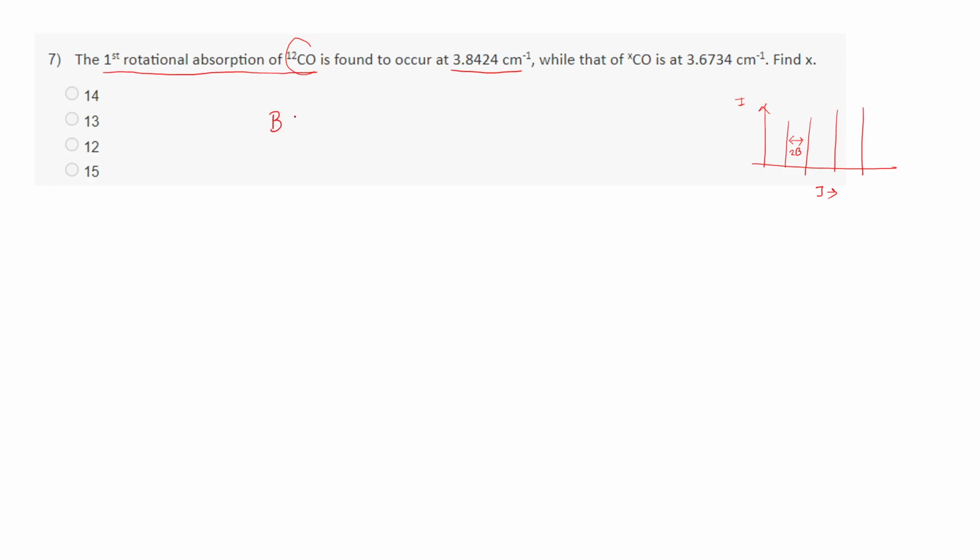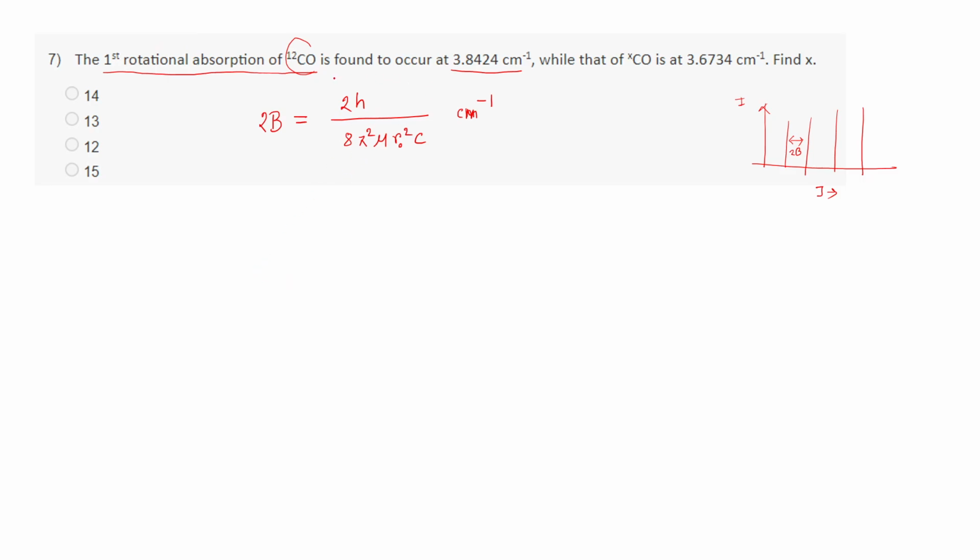So let us write these things. You don't have to mark them up, but eventually while doing this problem you will remember these things. B equals h by 8 pi square mu r naught square c, in centimeter inverse, right? We need to always play with this, and the first rotational absorption is 2B, right? So the factor of 2 is there.